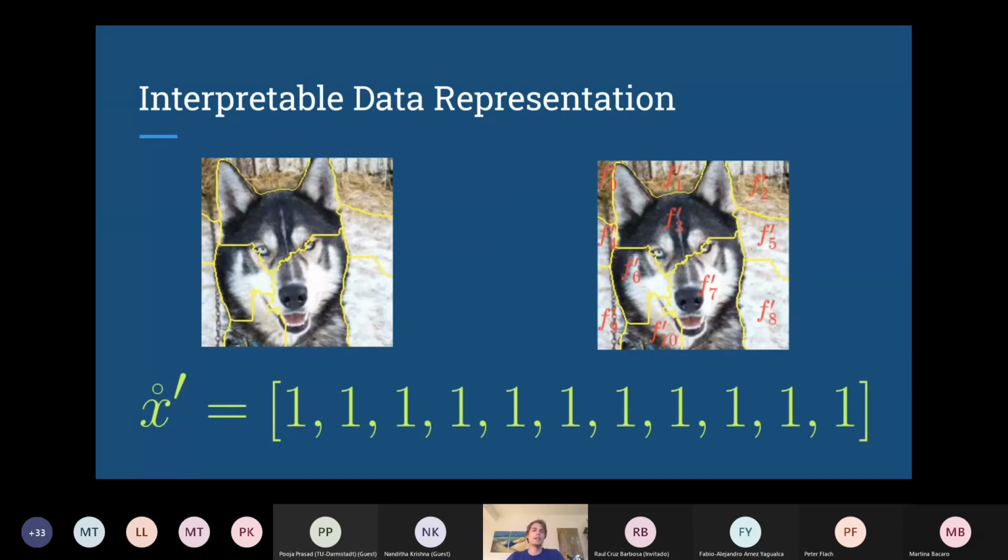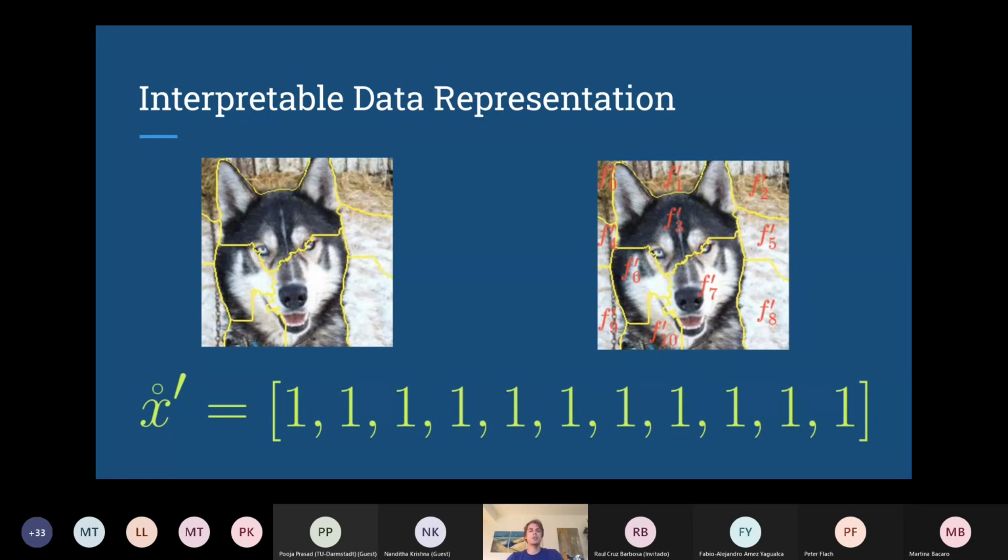The first step is interpretable representation. So again, we're trying to find something meaningful to humans. Images in computer science are represented as three-dimensional matrices. So it's width, height, and then RGB, red, green, blue. Communicating explanations in this format would not be very meaningful.